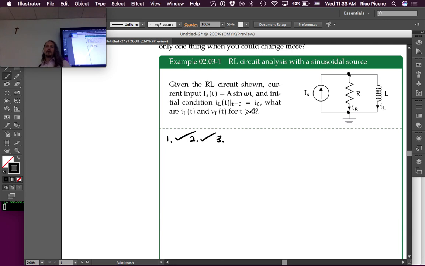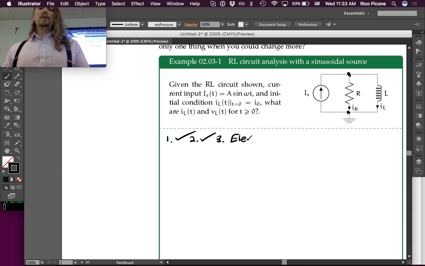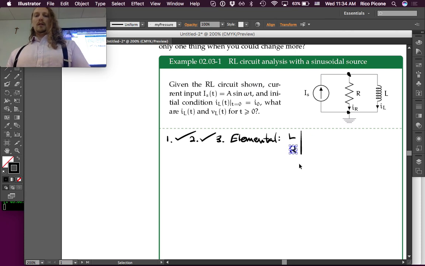Elemental equations. So we like to list off elemental equations. We have an inductor and we have a resistor. So for the inductor, what is the elemental equation? dIL/dt equals 1 over L times VL.